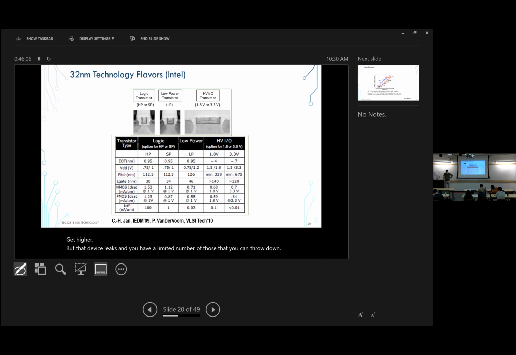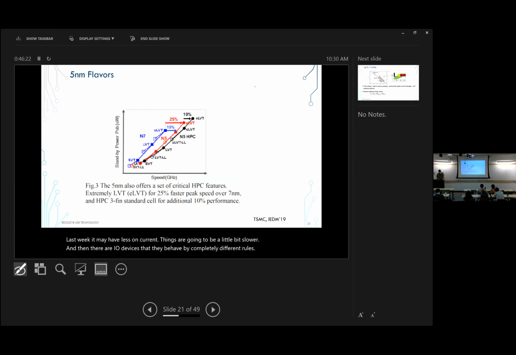If you're going for low power, less leakage, you have less on current, and it's going to be a little bit slower. And then there are IO devices that behave by completely different rules. These numbers, we don't have exact numbers here, of how these things look.